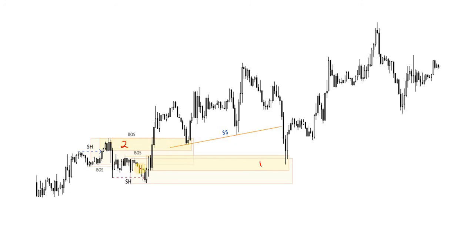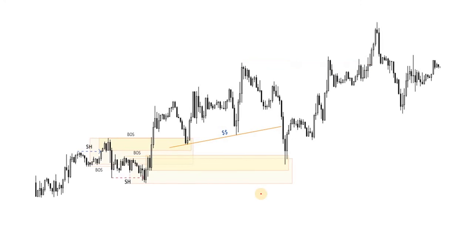In this case, we might refer to this pullback as more shallow as compared to this pullback, especially when you notice that there is liquidity inducement. Always expect, most of the time, price to have a deep pullback before it takes off by breaking this structure to the upside. Okay, now when that is done, this becomes our next point of interest.